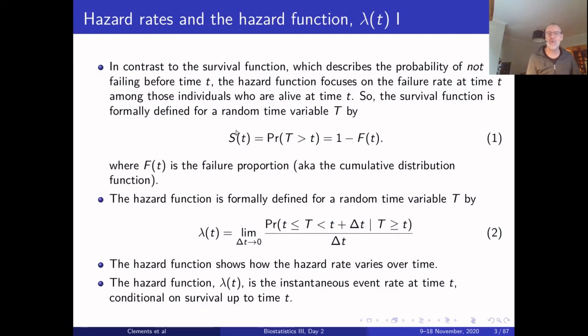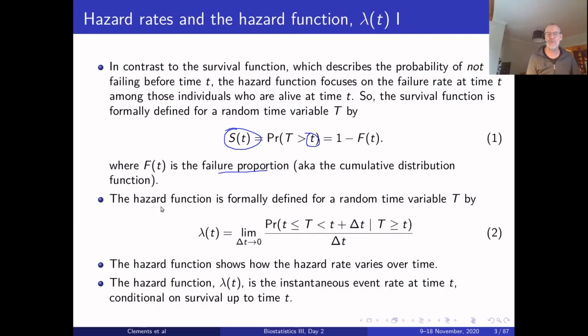We've already defined that the survival function S of t is the probability that some random time variable T is greater than small t, which is equal to 1 minus the cumulative distribution function, or the failure proportion.